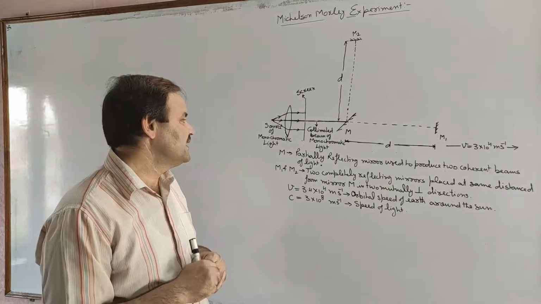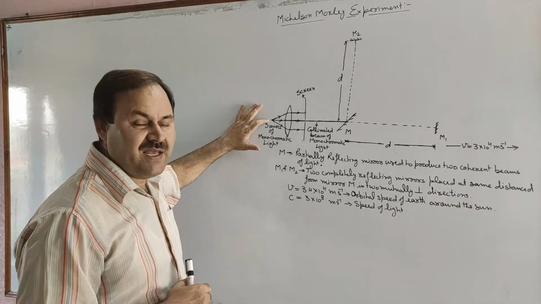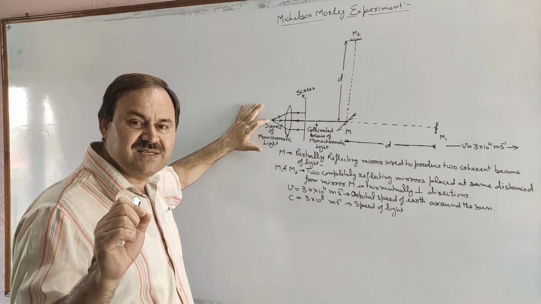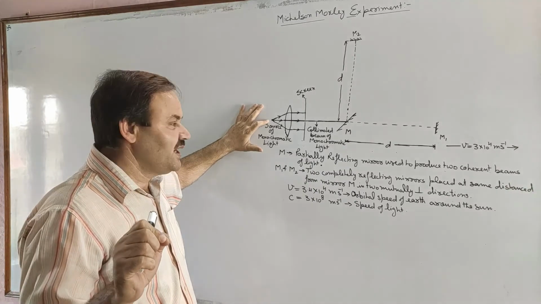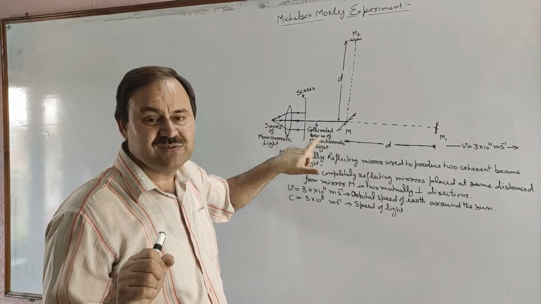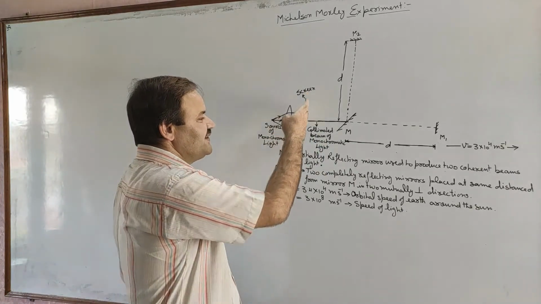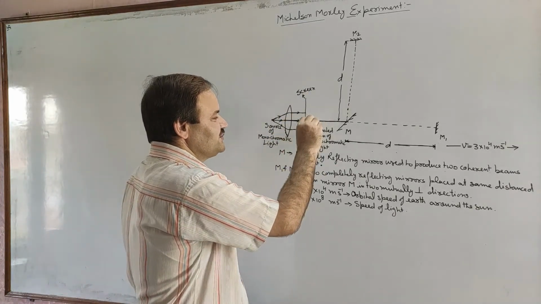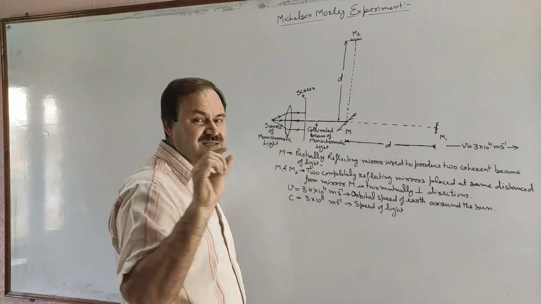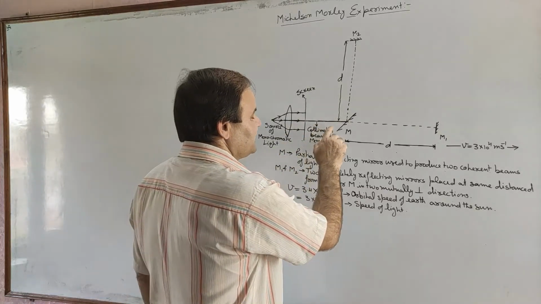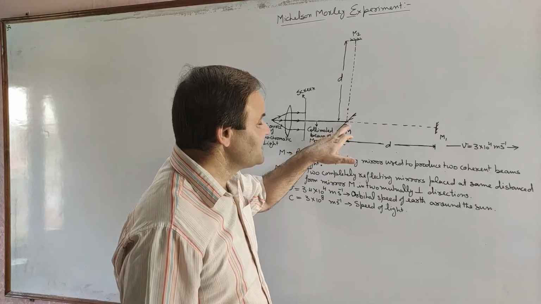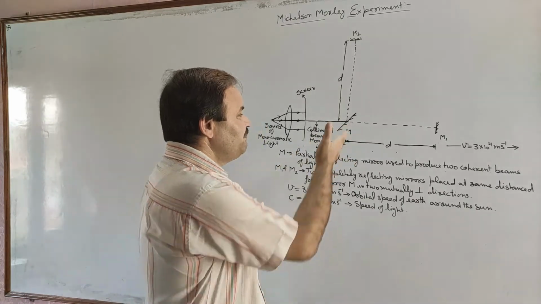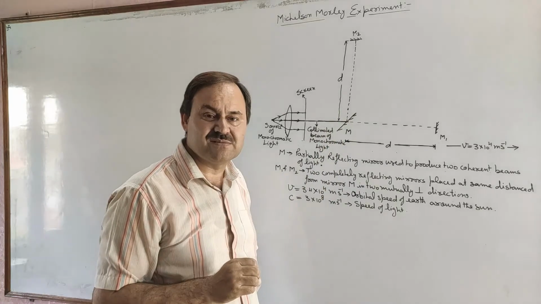In this interferometer, a source of monochromatic light was used to produce a collimated beam of light. The beam was collimated after passing through a slit in a screen, and then this collimated beam of monochromatic light was made incident on a partially silvered mirror.